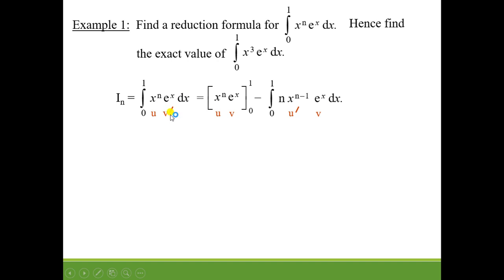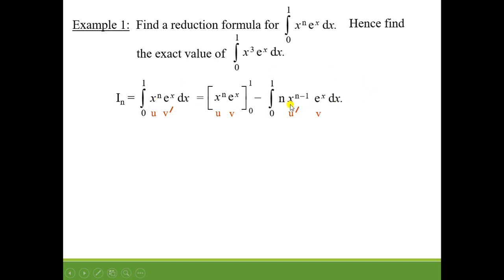So what is our product rule? The product rule is: u as it is, x raised to n as it is, times integration of v. What is the integration of e raised to x? It is again e raised to x. Take the limits 0 to 1, minus integration 0 to 1 of the derivative of u. What is the derivative of x raised to n?